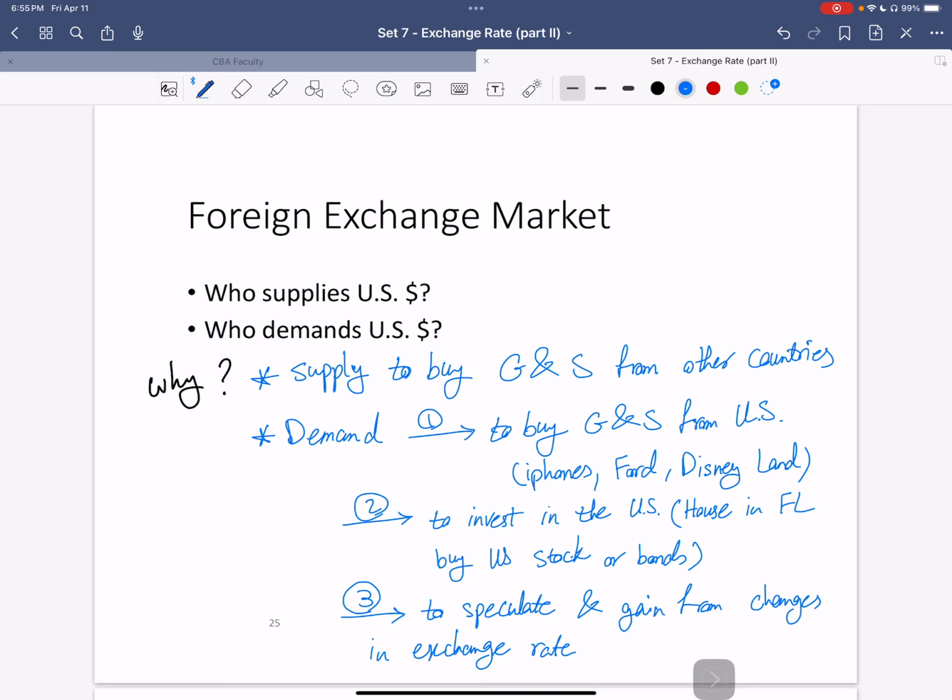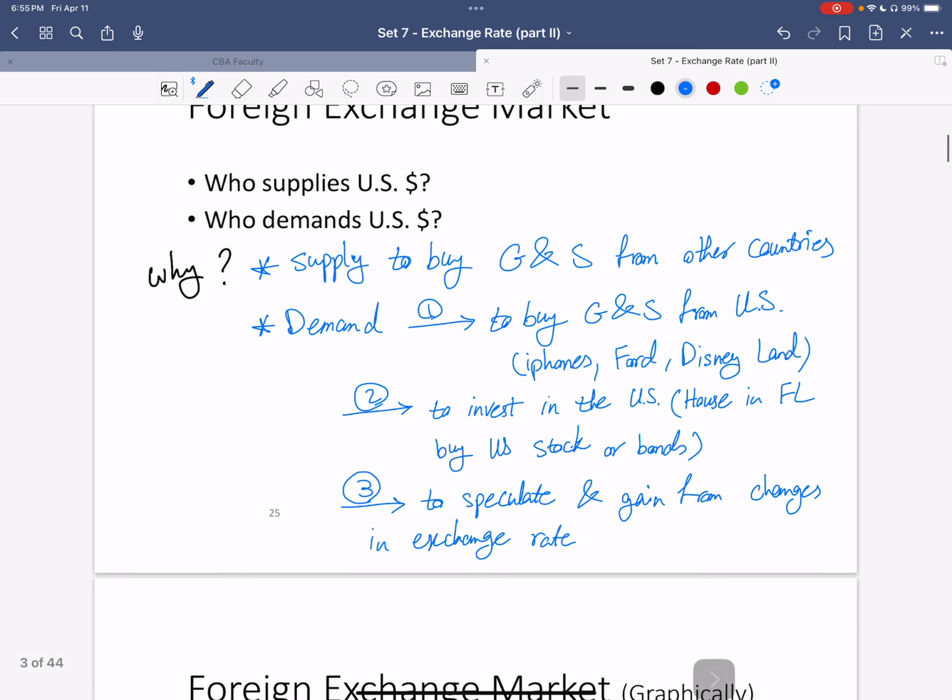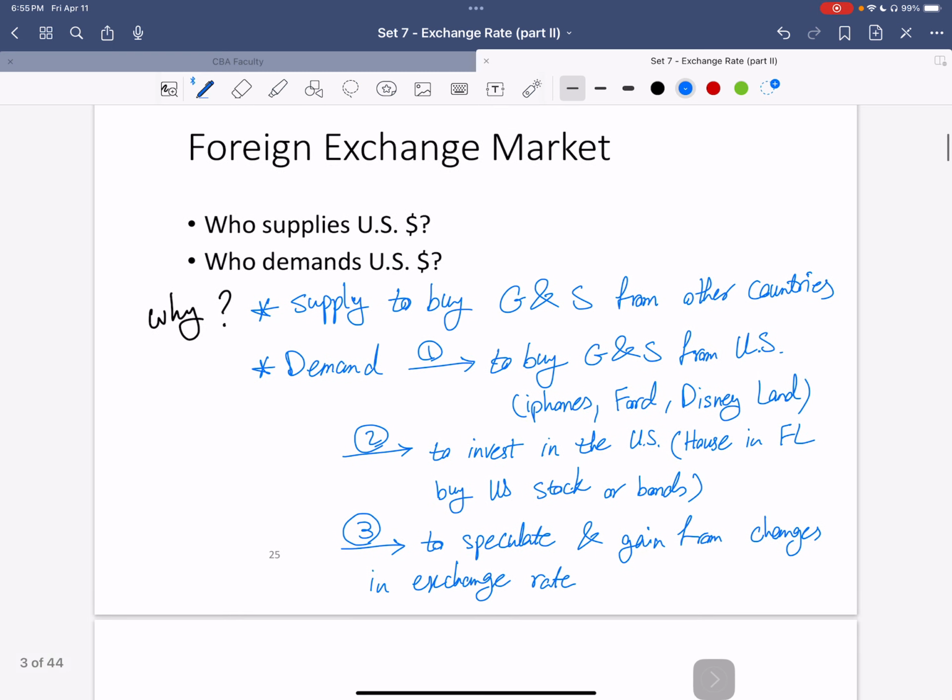Earlier, we talked that there might be some reasons for the exchange rate to fluctuate. And when those exchange rates fluctuate, the currency traders trade the currencies between countries to just gain some profit from that action.